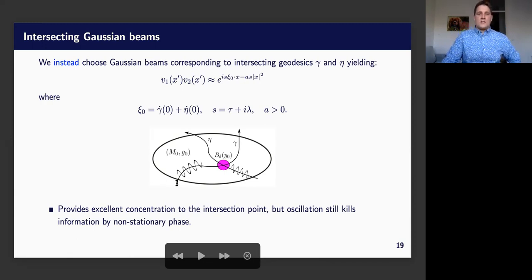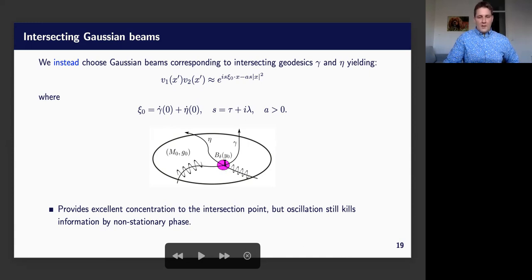We have the geodesics gamma and eta, and the Gaussian beam corresponding to gamma oscillates when you travel along the geodesic, and it has exponential concentration to the geodesic. Similarly, eta oscillates and has Gaussian concentration. So when you multiply these, they concentrate exponentially near their intersection point.